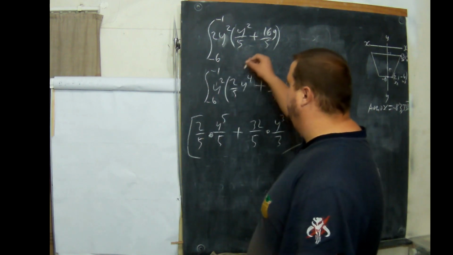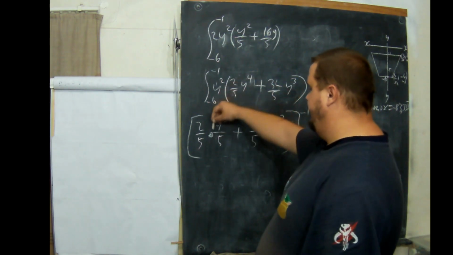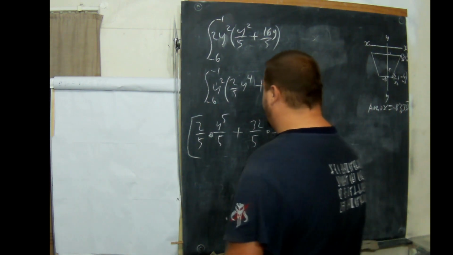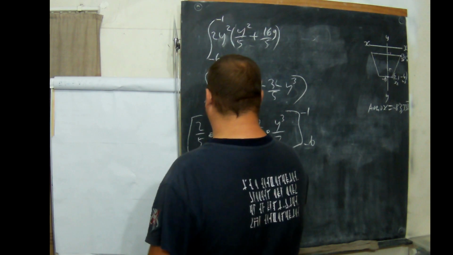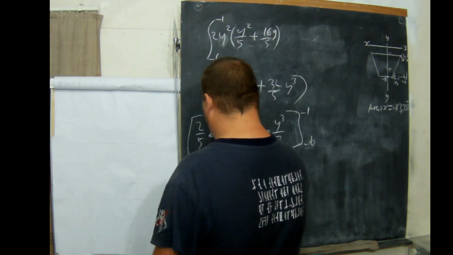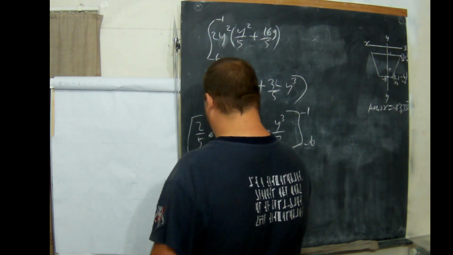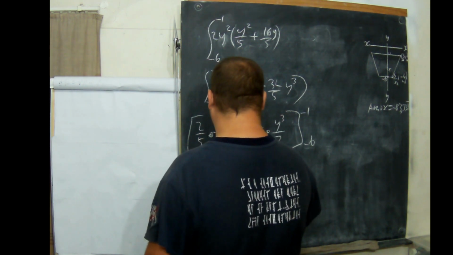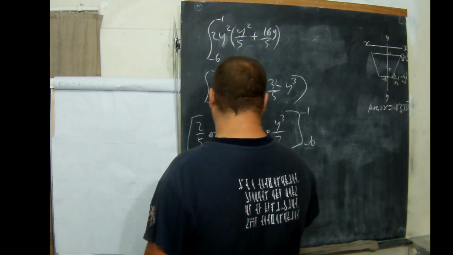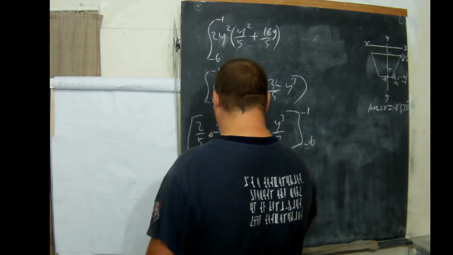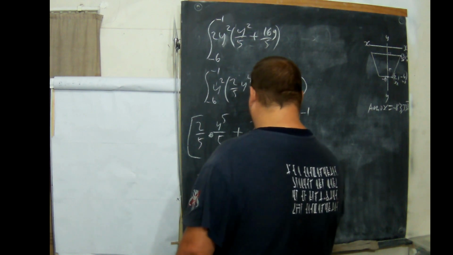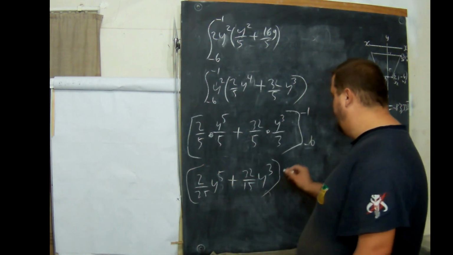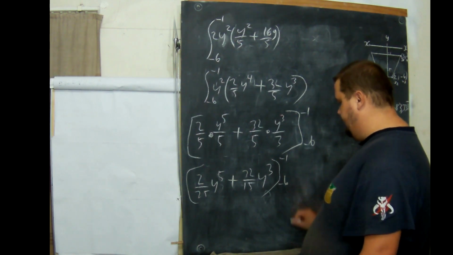All I did was multiply the two things in, and then I integrated. From integration, 5 times 5 is 25, so 2 over 25 y to the 5th, plus 32 over 15 y cubed, from minus 1 to minus 6.